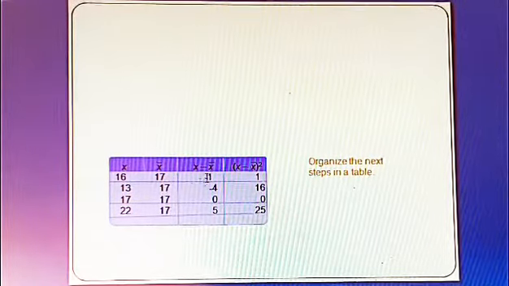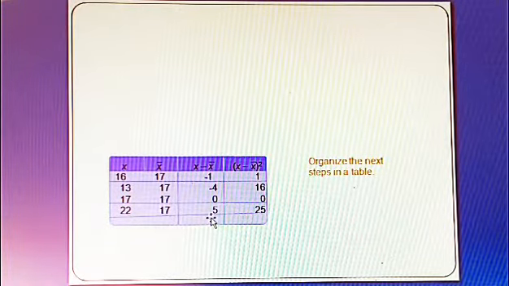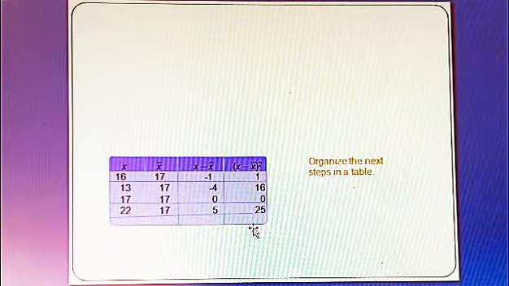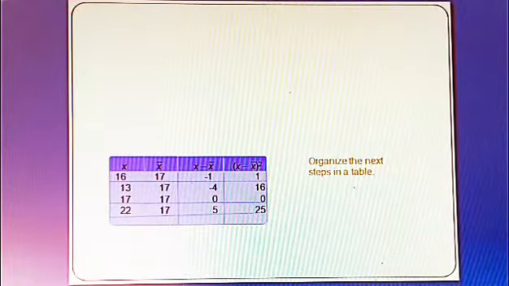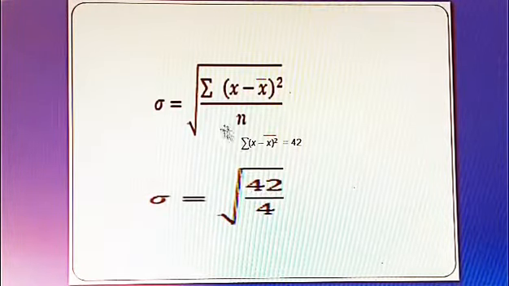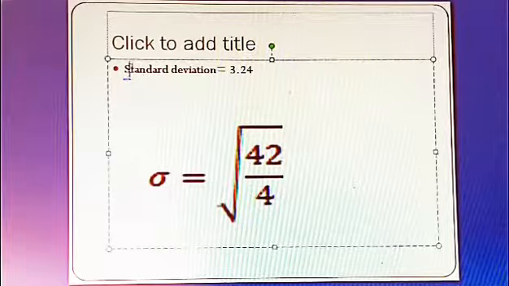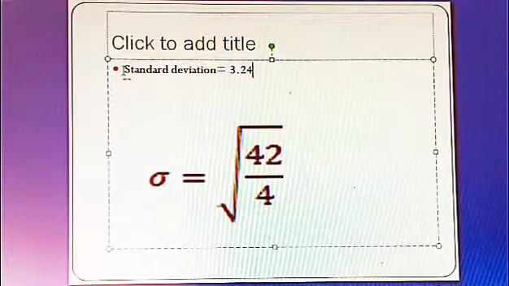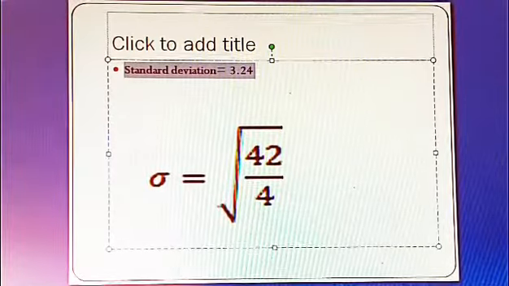Subtracting, we got x minus x bar for each and every term. And then we squared this column and got these values. Total the last column, and you will get 42. Substitute under root of 42 divided by 4, because n is 4. The value of standard deviation is equal to 3.24. This will be the answer.